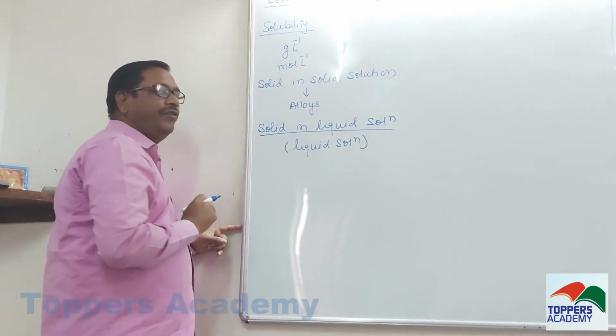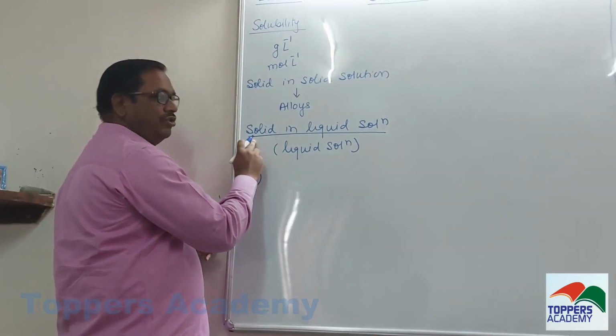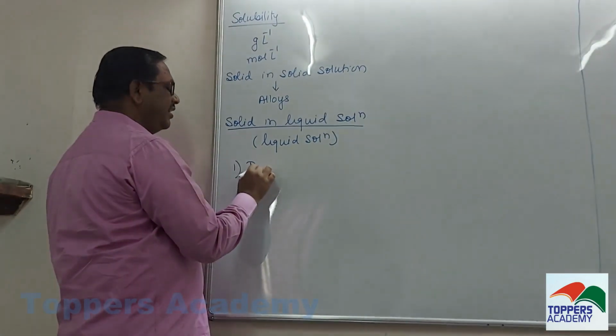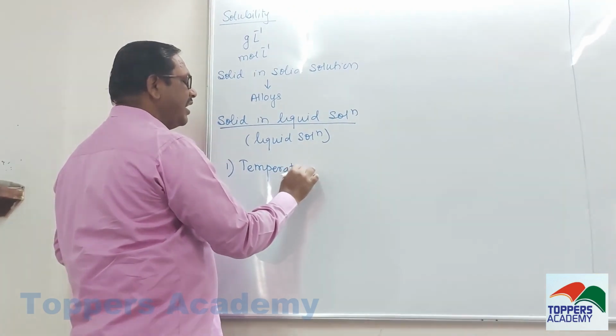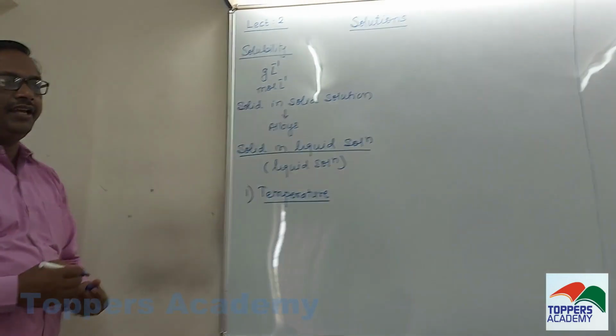Okay. Now how is it affected? The first factor which affects the solubility of solid in liquid is the temperature. Temperature affects the solubility of solid in liquid.